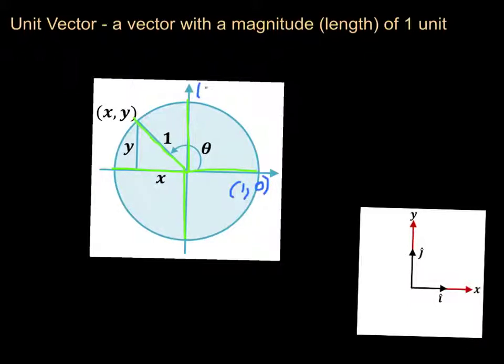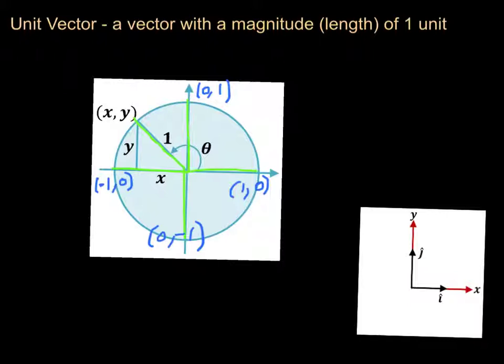This would have a value of 0, comma 1. And just to finish off these endpoints, this over here would be a negative 1 on the x and a 0 on the y, and this would be a 0 on the x and a negative 1 on the y. So those are your values around the unit circle on the axes.